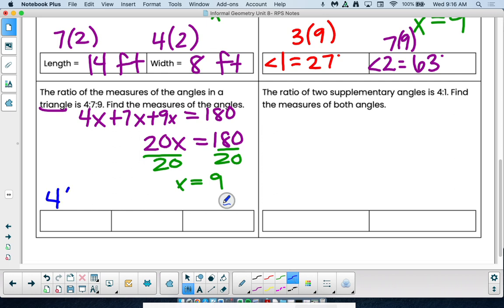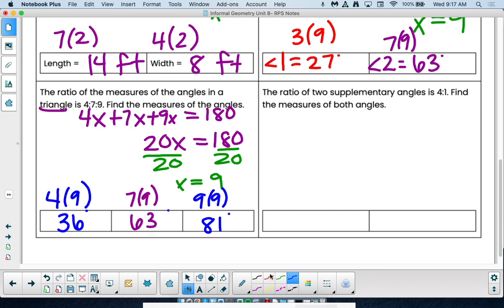So let's put 4 times 9 here, 36. 7 times 9, 63. Then our last one, folks, 9 times 9, 81. Double check for good measure, 36 plus 63 plus 81, 180 degrees. It all checks out, we're good to go.